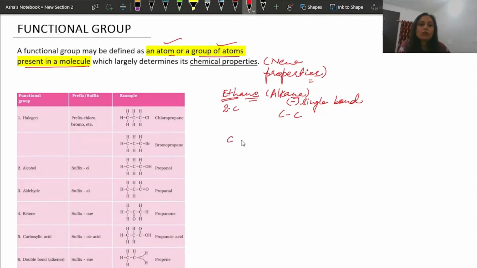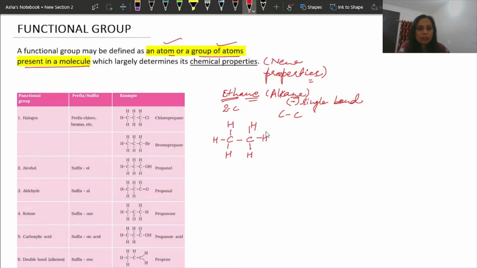So it will be a 2 carbon containing compound from eth and it is alkane, so single bond between the carbon atoms. Now you know that around carbon there should be 4 bonds, so for this carbon 1, 2, 3 and this is the 4th bond. For this carbon this is 1 bond here, this is another bond with H, this is another bond with H. So this is the structure of ethane.